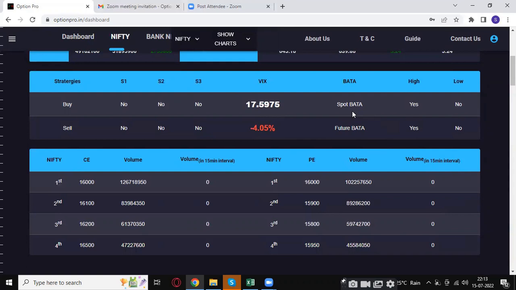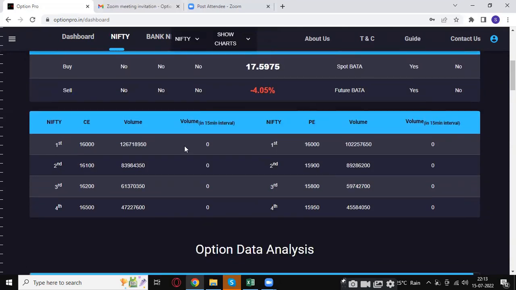Here you can see the spot beta high and low also. If it is a beta high, the high made, that can count as a strong resistance. If it is a beta low, whatever low is made, that can be a strong support. So you can view this beta high and beta low this way, right?